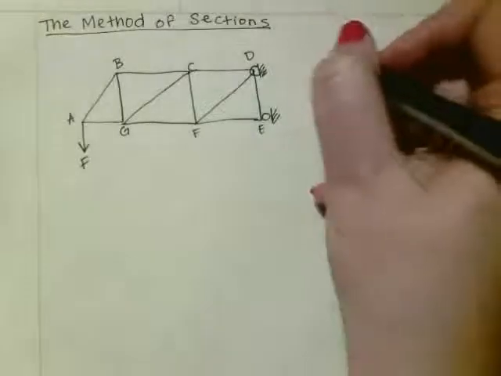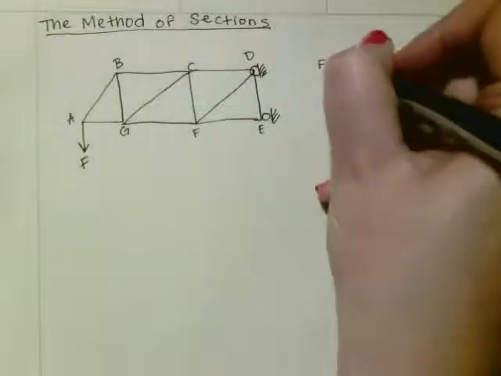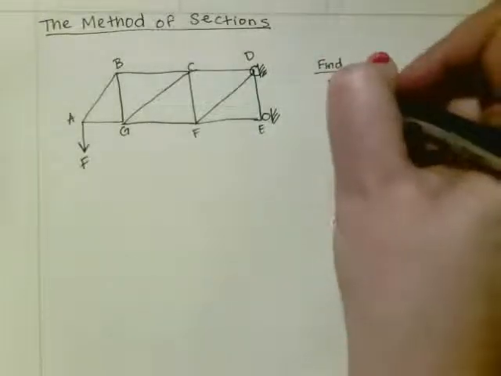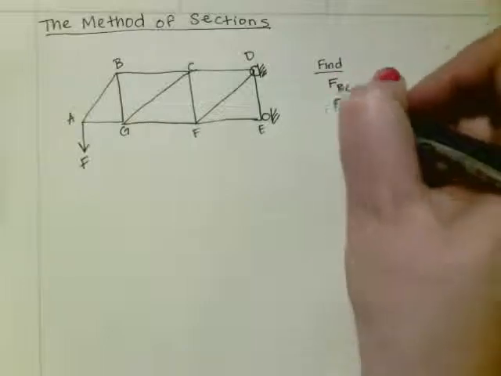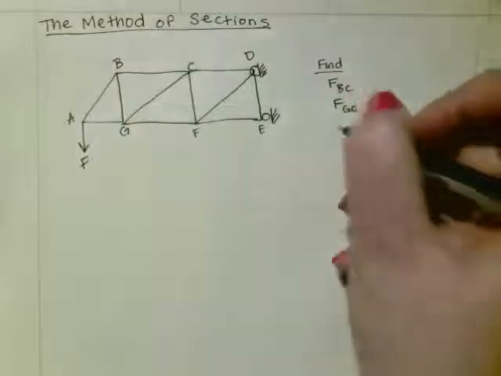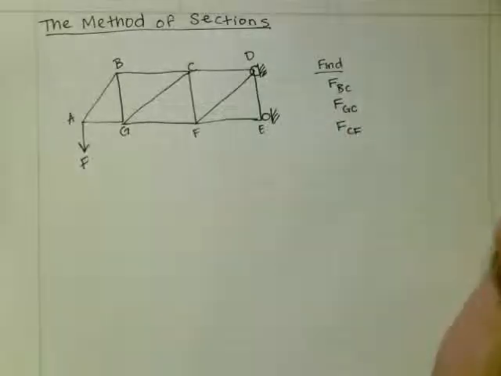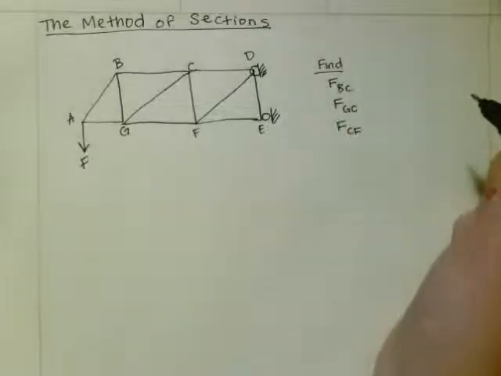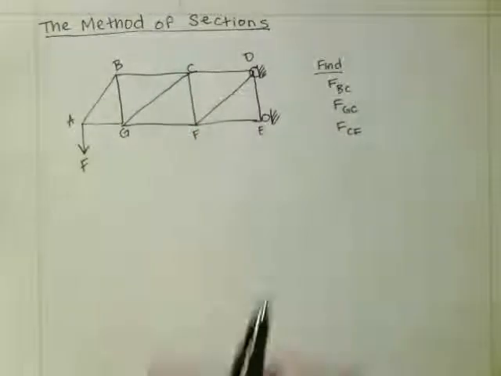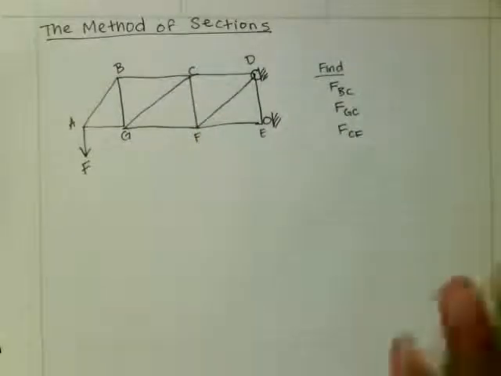Okay, so we've been asked to find the force in FBC, the force in GC, and the force in GF. So when you're not asked to find every single force for all of the different joints, you can instead use the method of sections.